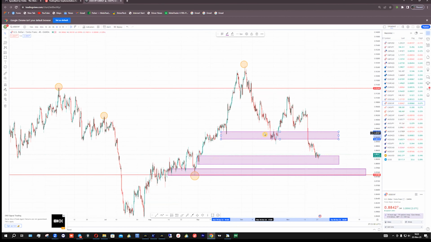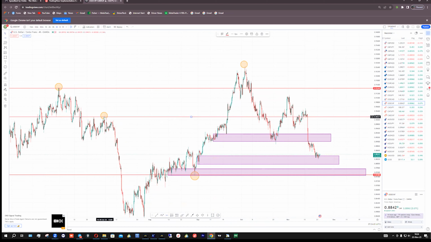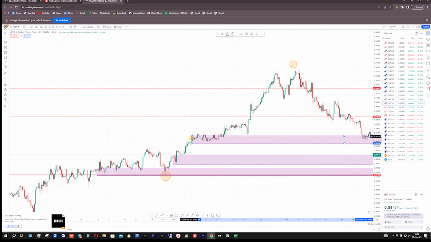Why is this 50-50? Remember, I told you, you must check the cause of this breakout. Let me show you here. You must check the cause of this breakout, which is this zone here at this point. Let me zoom so that we can draw it.